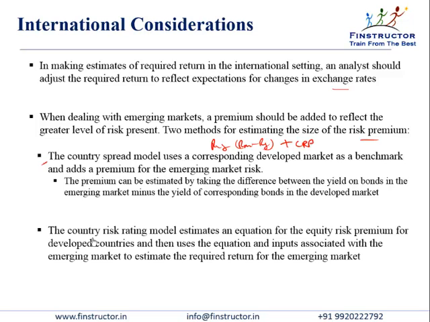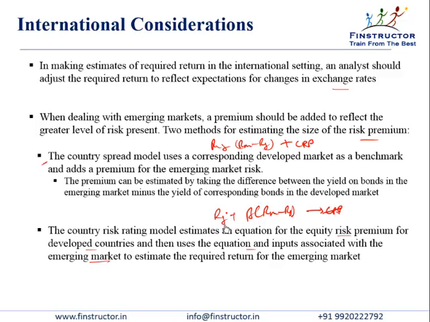What you can also do is apply a country risk rating model. This model will estimate an equation for the equity risk premium for developed countries, and then use the equation and inputs associated with the emerging market to estimate the required return for the emerging market. So use the same model, that is RF plus beta times RM minus RF, but instead of adding a country risk premium now, just use all these inputs from the emerging market.